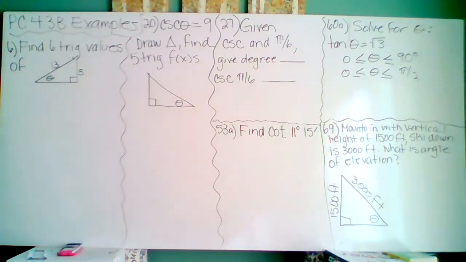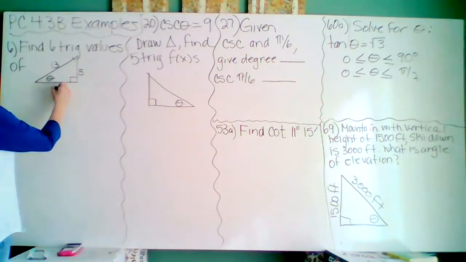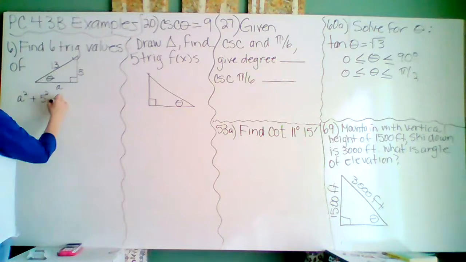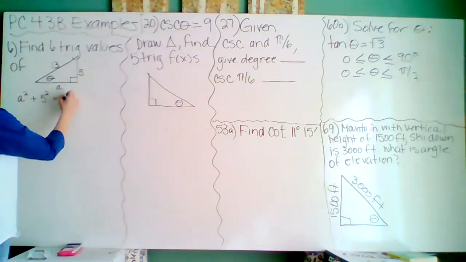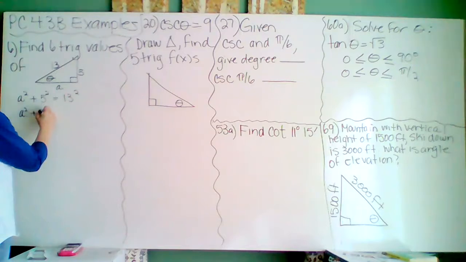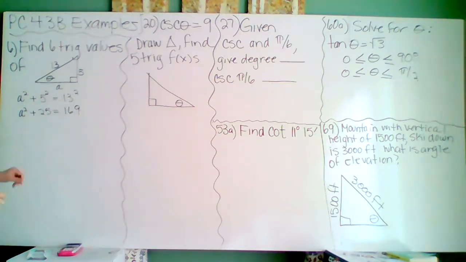It would be really helpful if we had the adjacent side to theta. So I'm going to do the Pythagorean theorem. I'm going to call this A for the adjacent side. If I square A plus I square the side of 5, when I add them up, I should get the hypotenuse squared. So I have A squared plus 25 equals 169.